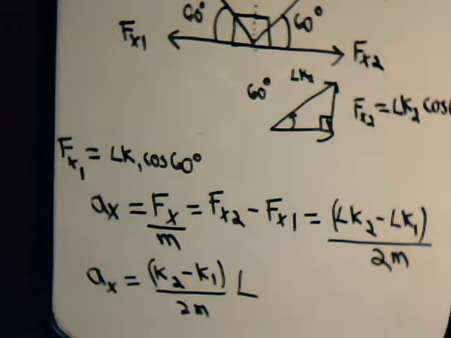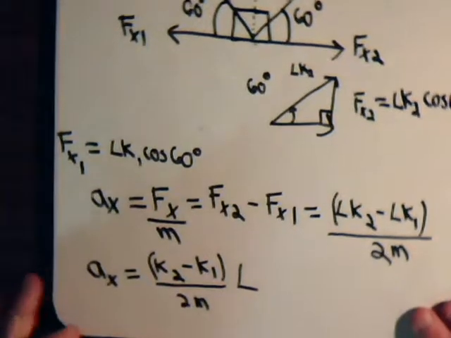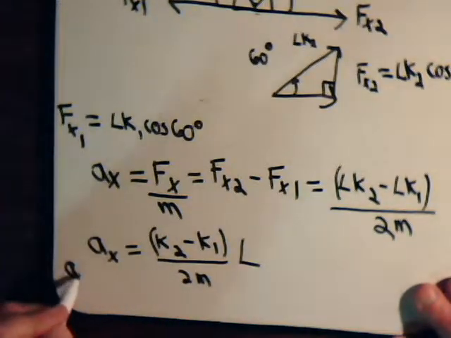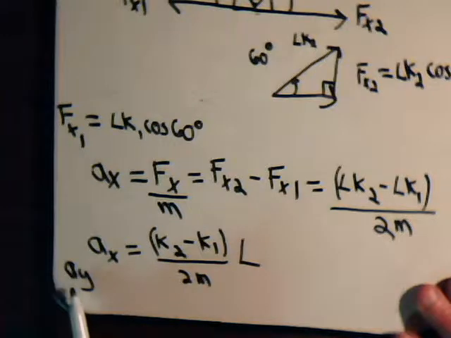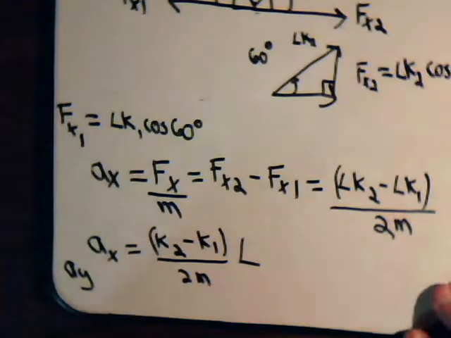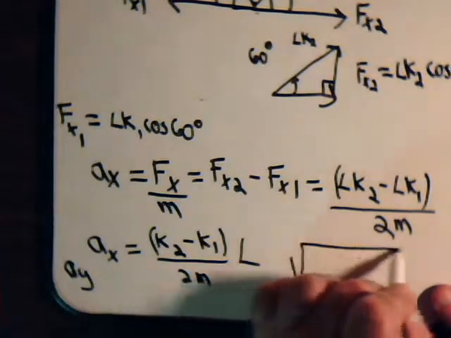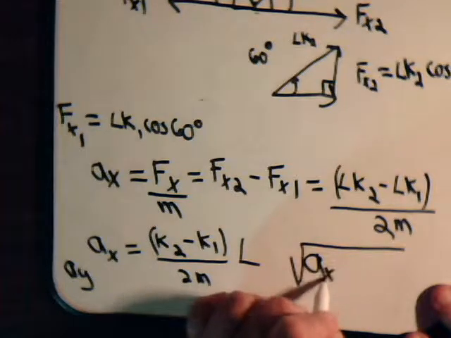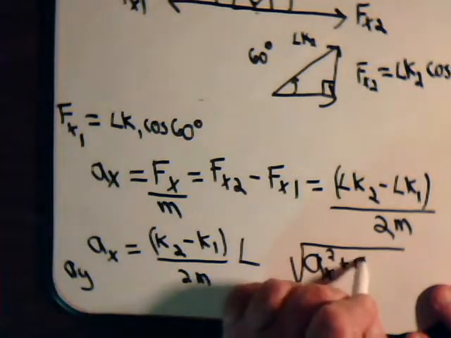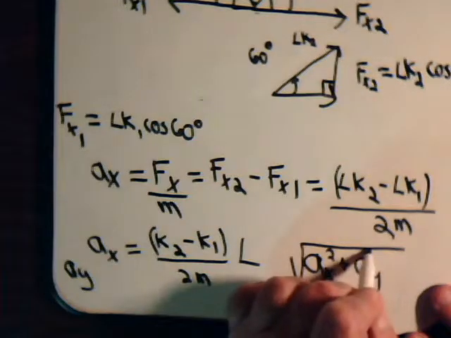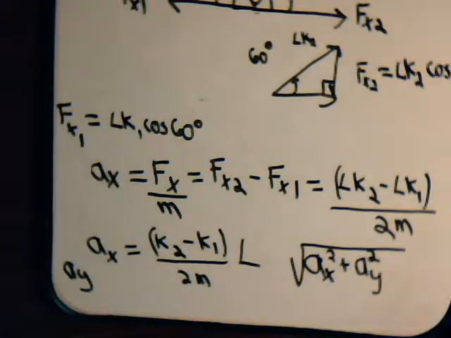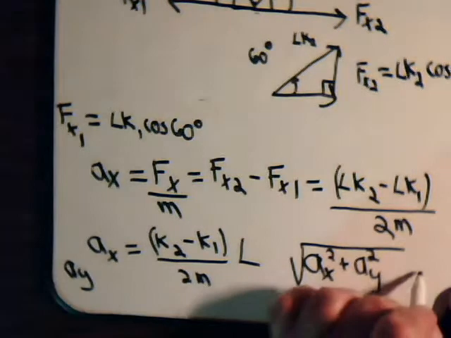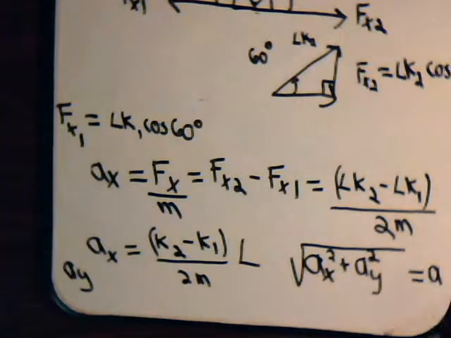And of course, a few moments ago we determined the vertical acceleration, a y. So the total acceleration, of course, will be the square root of a x squared plus a y squared. And we know what each of these are, so if you want to, we can determine what the net acceleration is. Okay, that's all we had to say for this video.